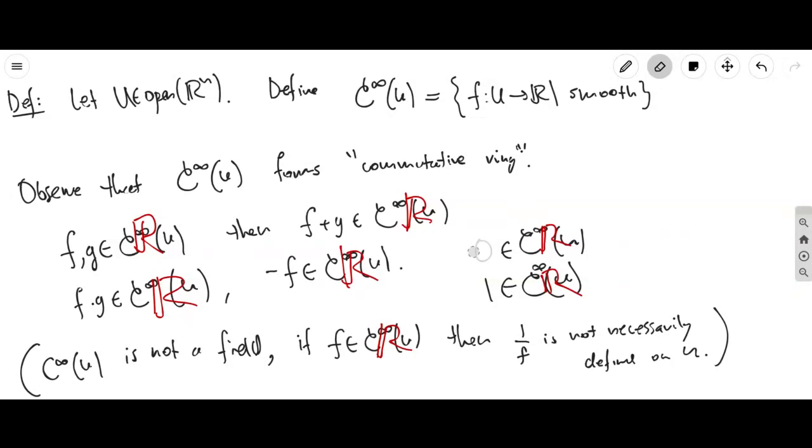You can have a function that's not the 0 function, so it vanishes at some points but not others, but its inverse will not be defined because at the points at which it vanishes, that's no longer in the domain of your function. That's why we call it a commutative ring as opposed to a commutative field. You can call this the ring of smooth functions. People just usually say the ring of smooth functions, if you want to be fancy.